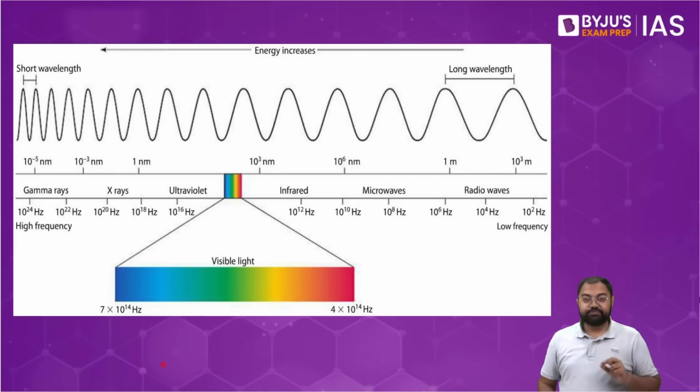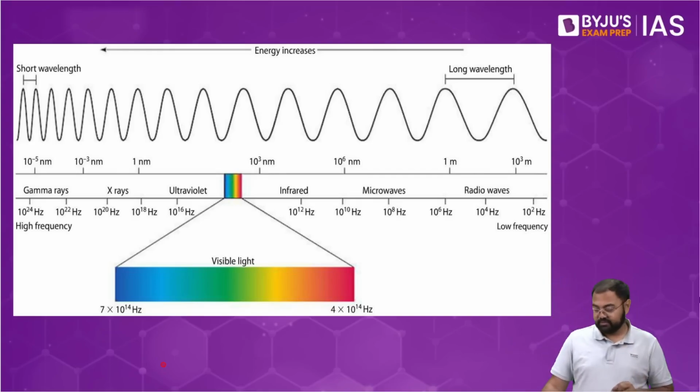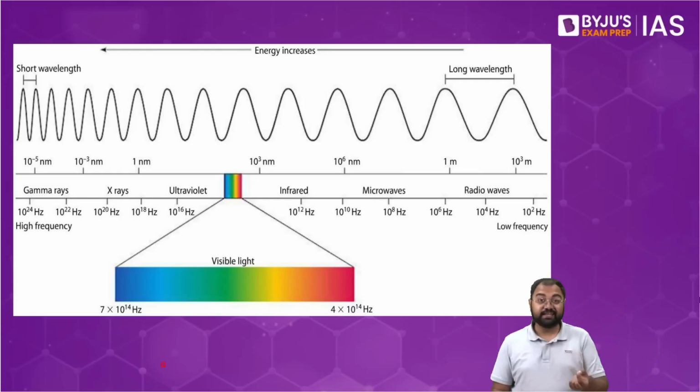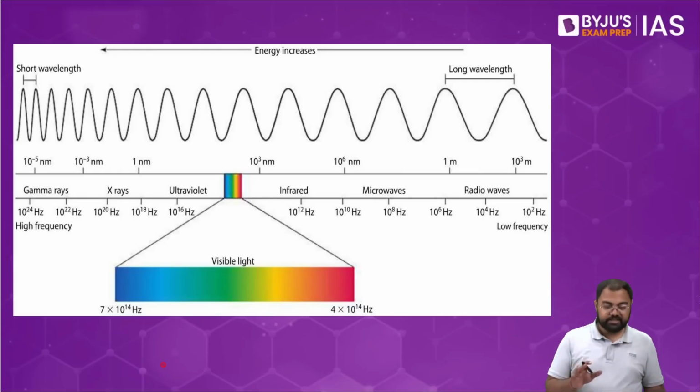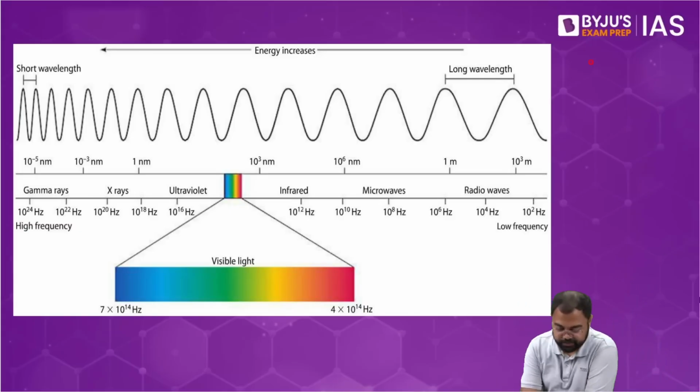Now, apart from wavelength and frequency, there is one more factor that becomes very crucial, and this is the factor of energy. Now, how energy is also related to this, let's try to figure that out also. So, just understand this simple relation.